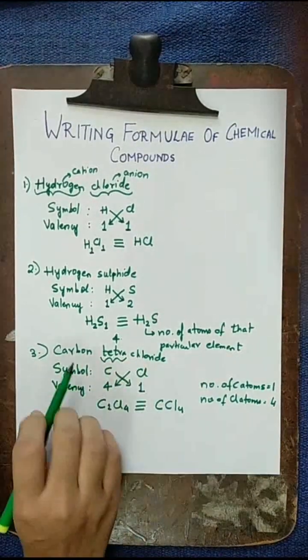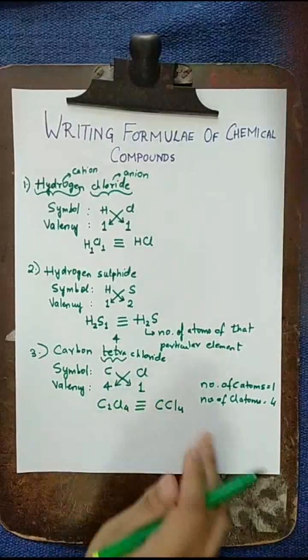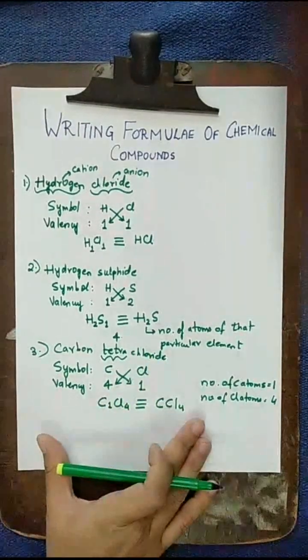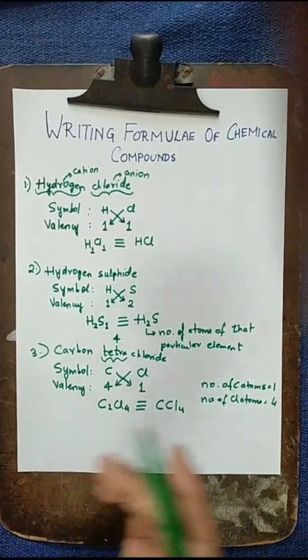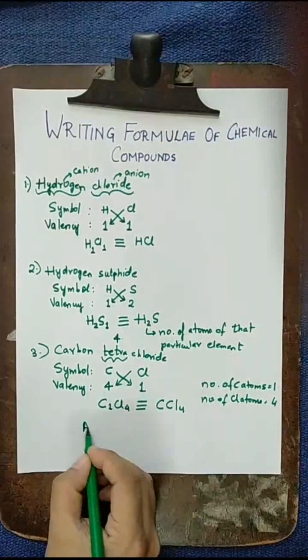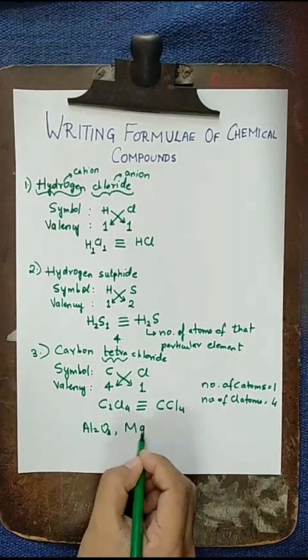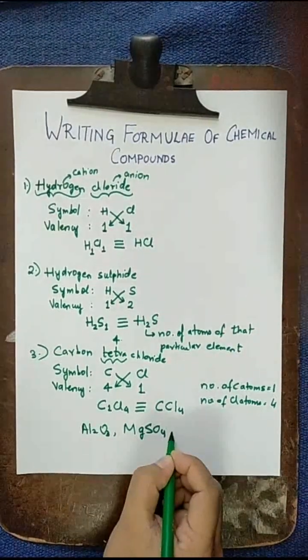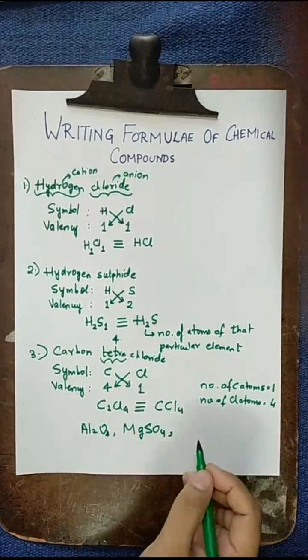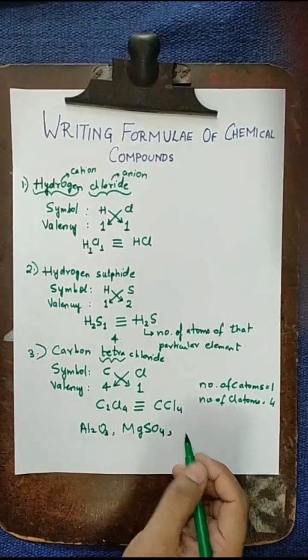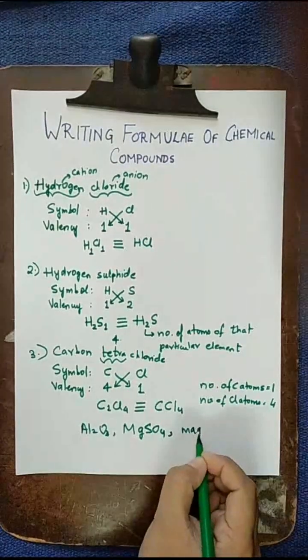That's why the name carbon tetrachloride. So this is how we can write chemical formulae for different compounds. You yourself can try for Al2O3 or MgSO4, or you can even write it for different compounds like magnesium chloride.